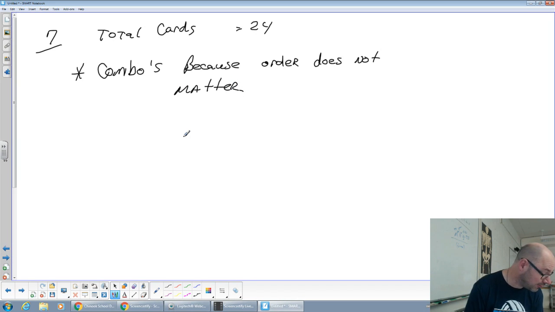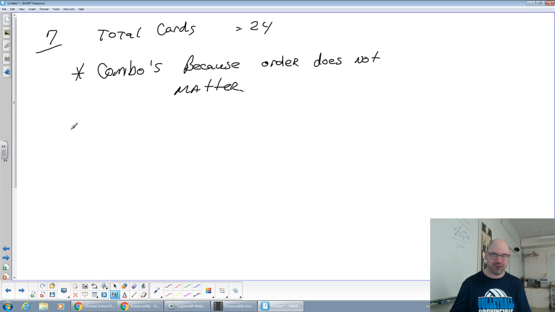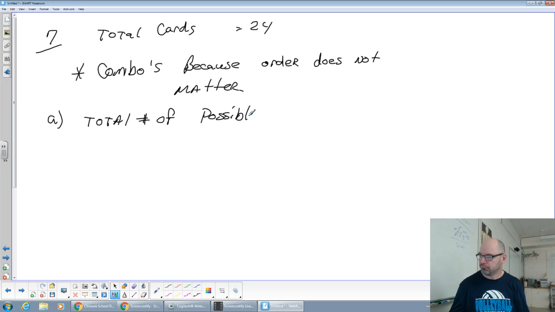Now, this is where it gets a little interesting. Determine the probability that you'll be dealt a hand containing an ace, king, queen, jack of the same suit. So we have to find the total number of possible hands in the game first.